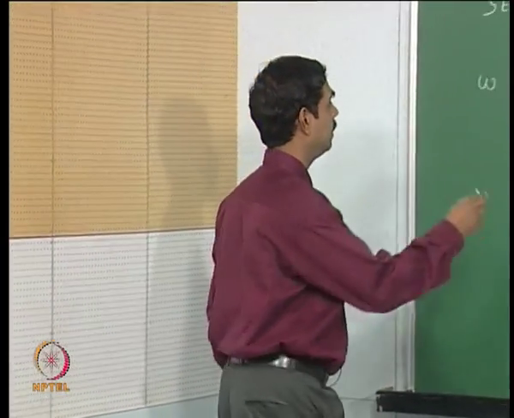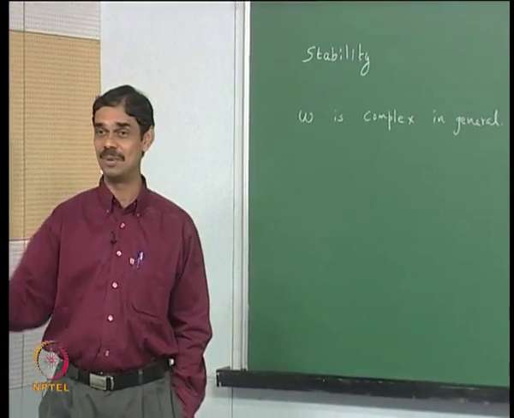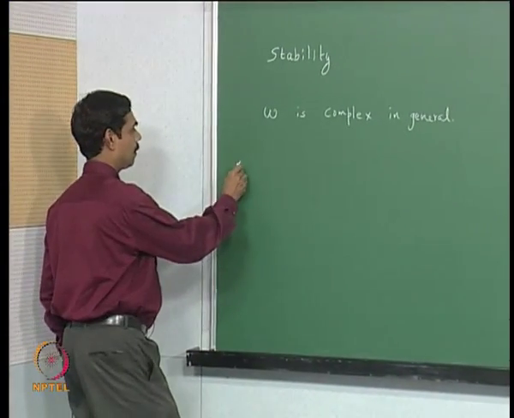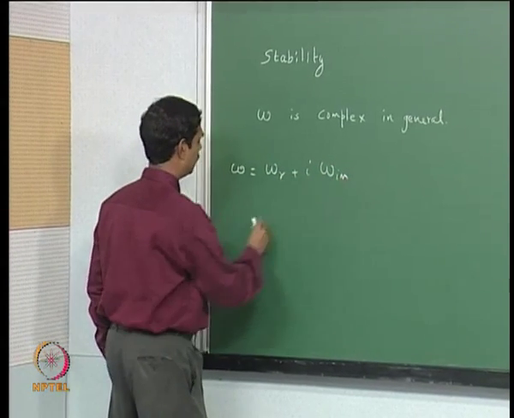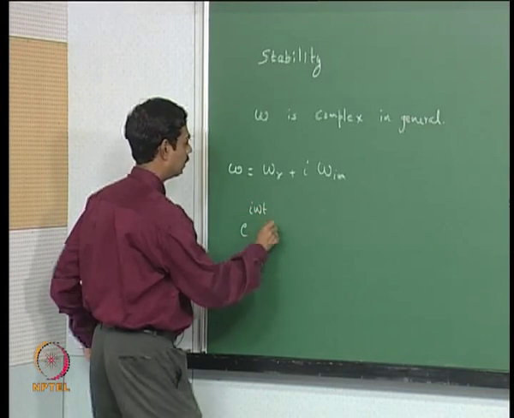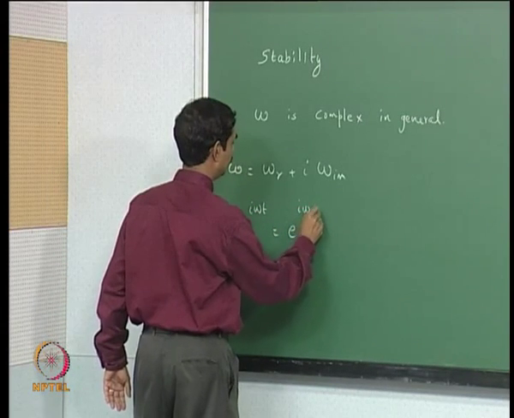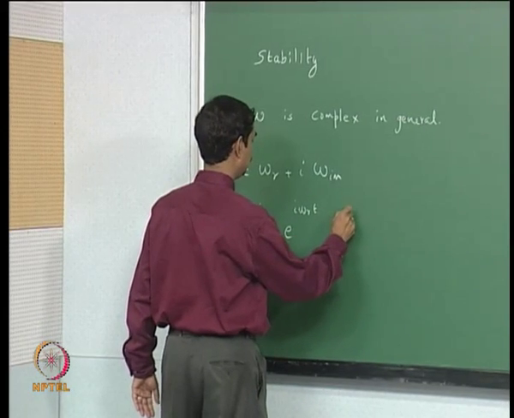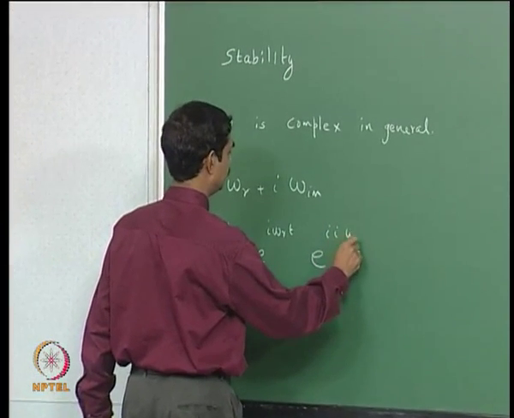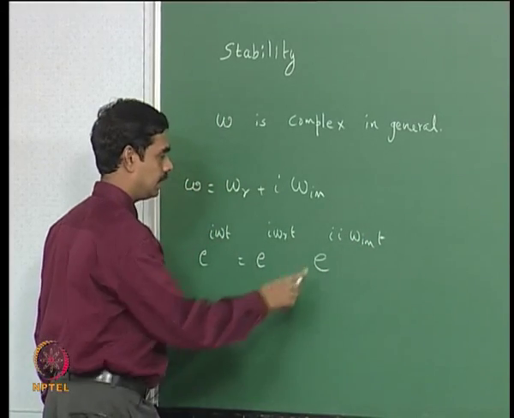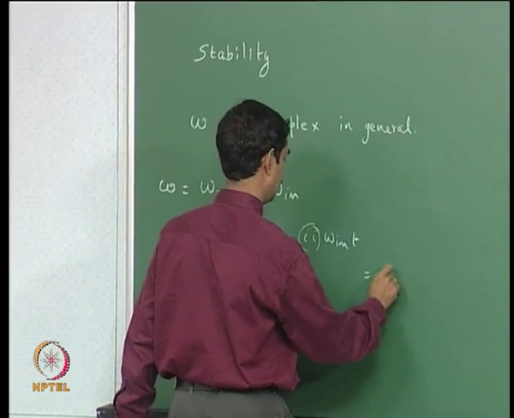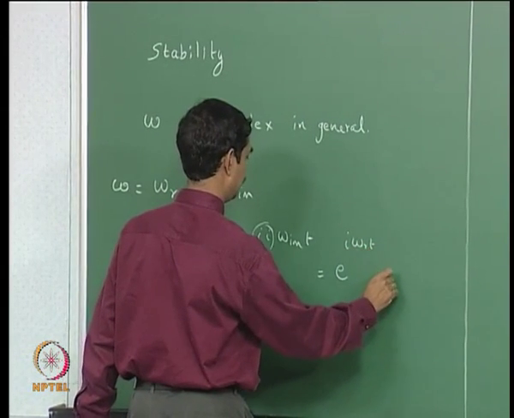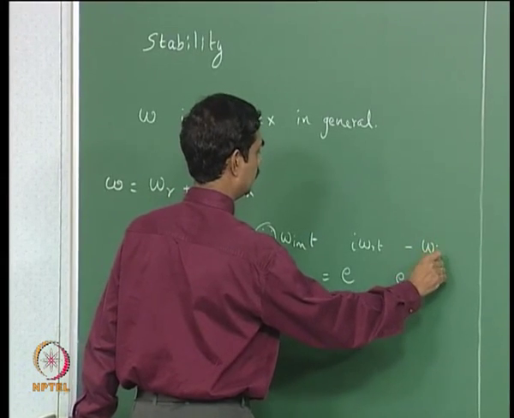I have spoken about it already, but let me just emphasize it again, because this is perhaps the most important thing in this class. So omega equals omega real plus i times omega imaginary, so e to the power i omega t equals e to the power i omega real t times e to the power i times i omega imaginary t. i times i is minus 1, so we can rewrite this as e to the power i omega real t times e to the power minus omega imaginary t.